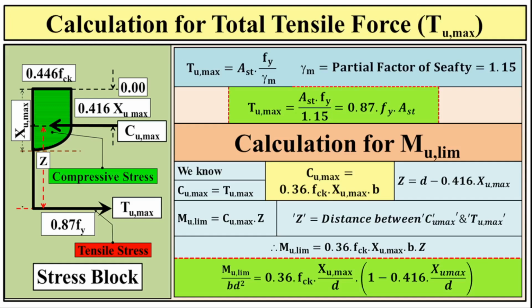Substituting the values for Cu max and Z, Mu lim equals 0.36 FCK xu max B into D minus 0.416 xu max.